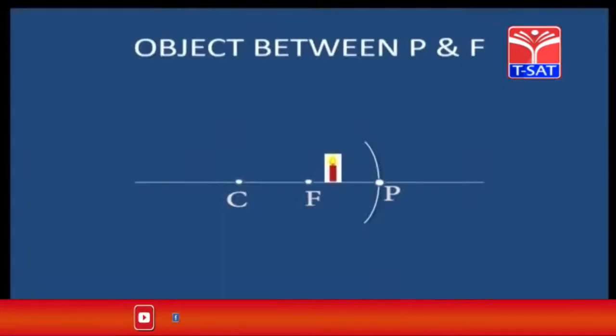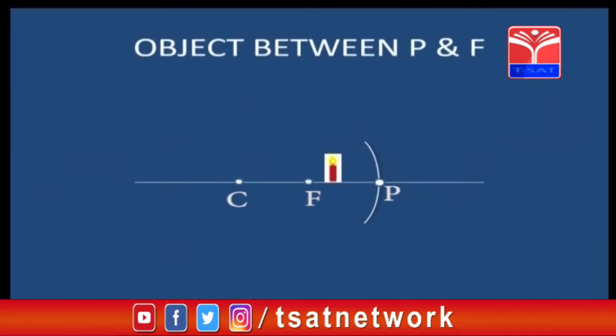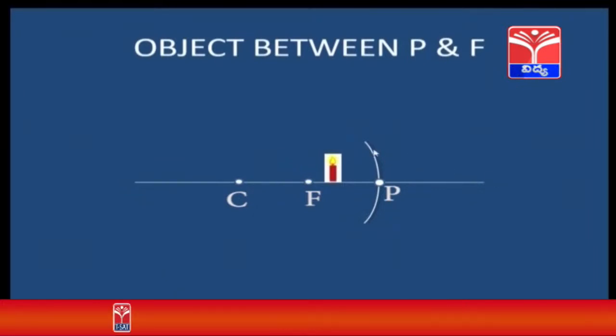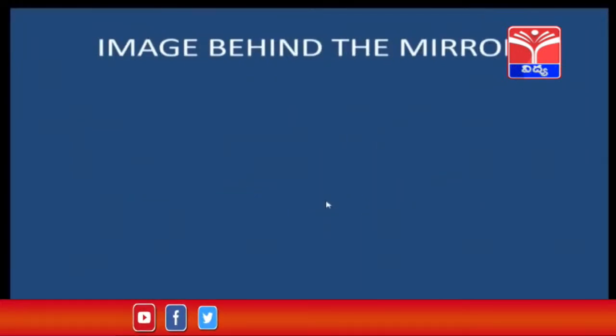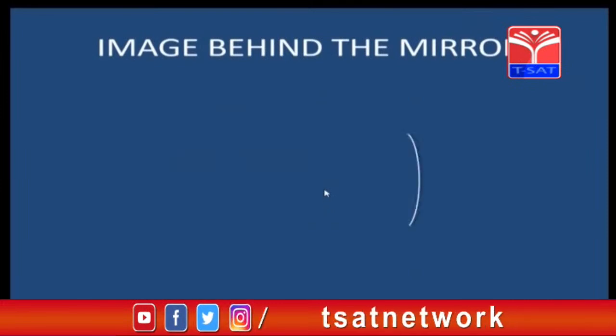The first case: the object is placed between the pole of the mirror and the focus. Children, you can see this is a concave mirror. The object is placed between P and F. Now let us see how the image is formed.